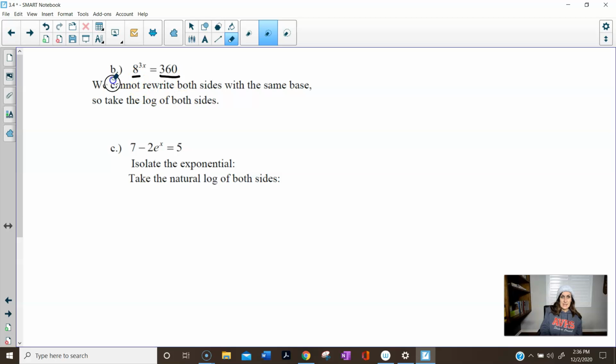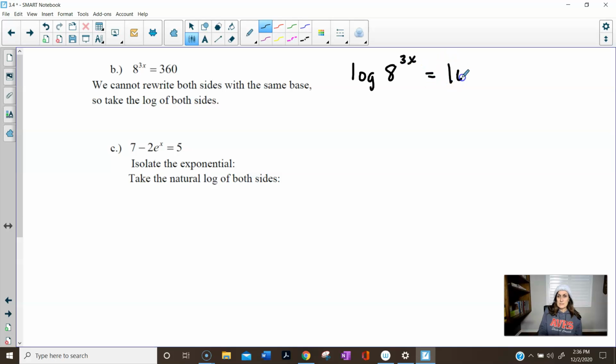And I think I will have to rewrite it instead of trying to squish it in. So I have log 8 raised to the 3x equals log 360.